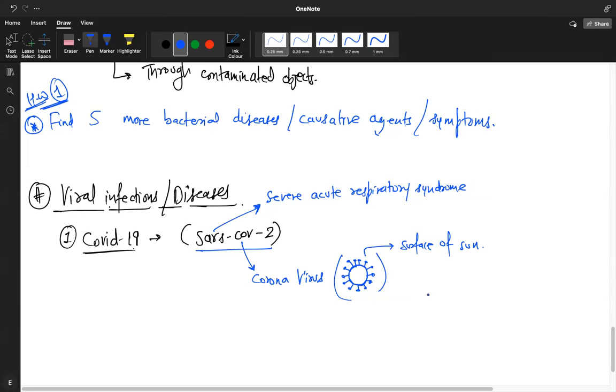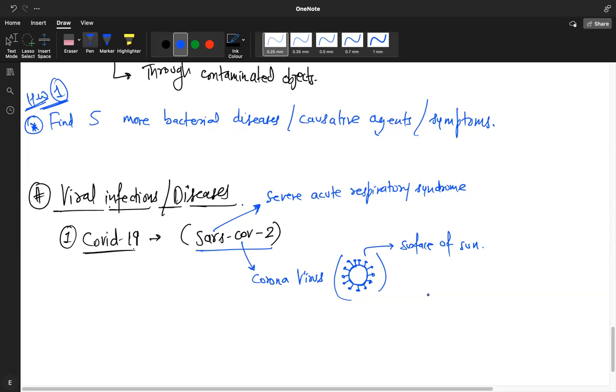So diagrammatically, this virus looks like the sun's surface, with lots and lots of spike proteins on its circular, spherical shape. So that's why the name coronavirus. Coronavirus is a family. It has many viruses which we know about and study, and some of them are pathogenic to humans, like the first, SARS-CoV-1, that caused the SARS infection, severe acute respiratory syndrome, that happened around 2002-3.